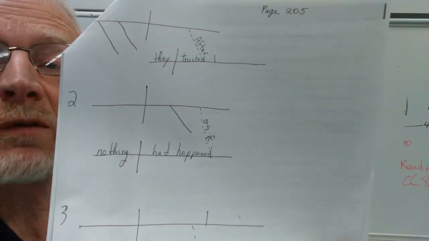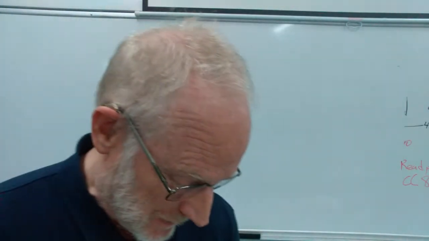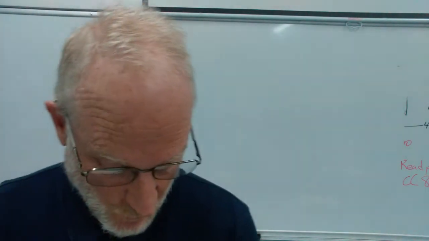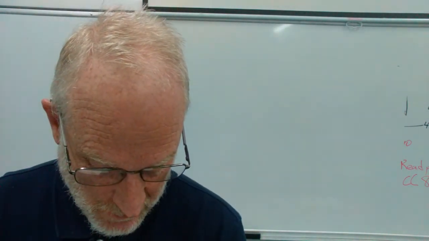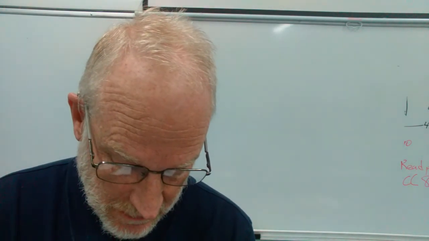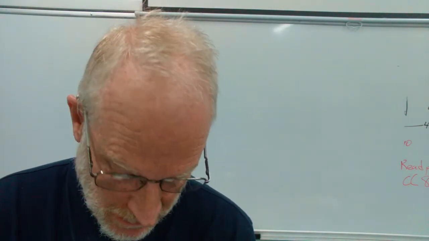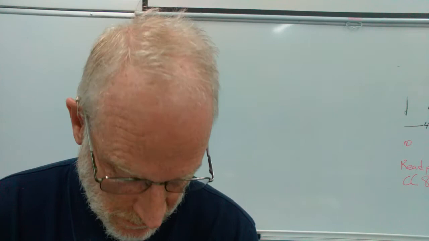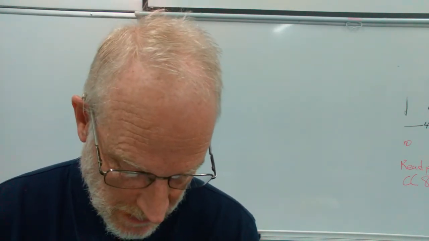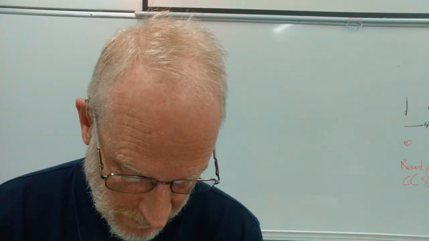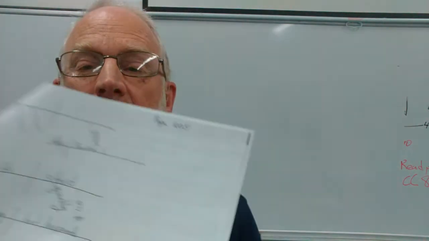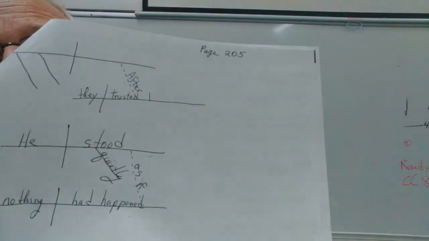Can you see how I wrote that there? Then for the subject of the first part, it should be he, and the verb should be stood, and then quietly should be under that. See how that is?